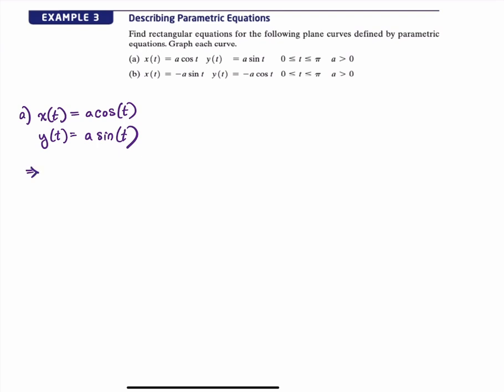We said that this turns into x squared plus y squared equals a squared. But this time, they're telling us our t values are just between 0 and pi. So we'll get the same kind of curve, but it will only go until we reach an input value of pi. That means it's only going to trace out the first half of that circle that we saw.